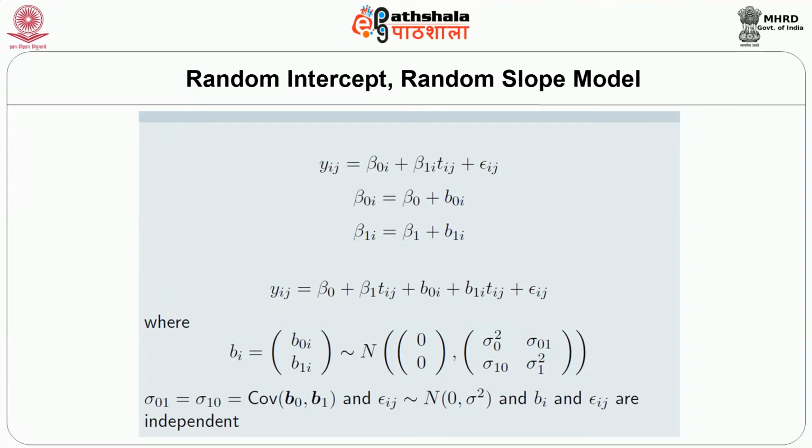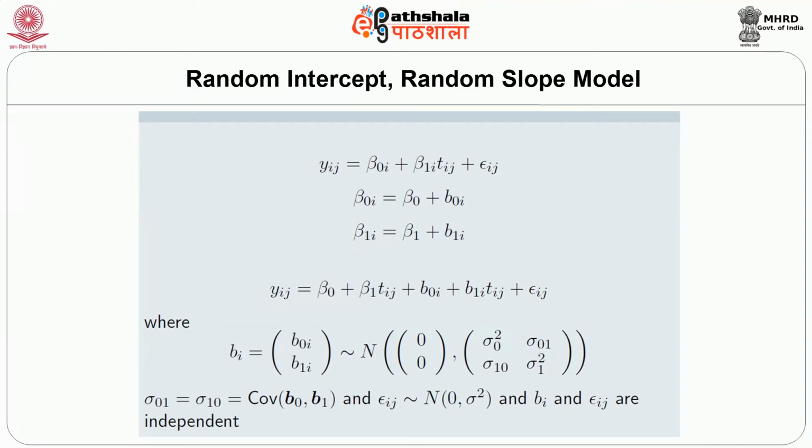Sigma 01 is nothing but the covariance of b0 and b1, where b0 is the vector of individual effects, or the random effects of the intercept, and b1 is the vector of the random effects of the slope, and epsilon ij is again IID normal 0, sigma squared.